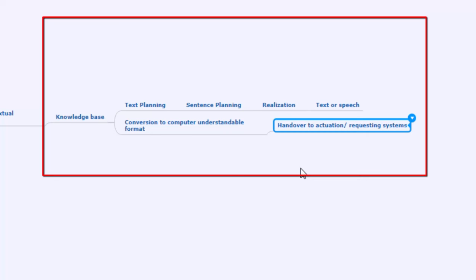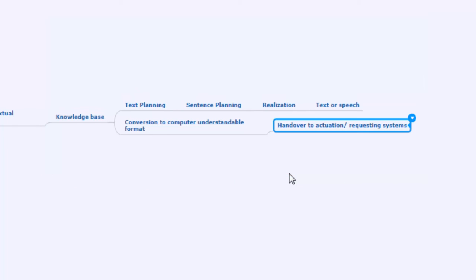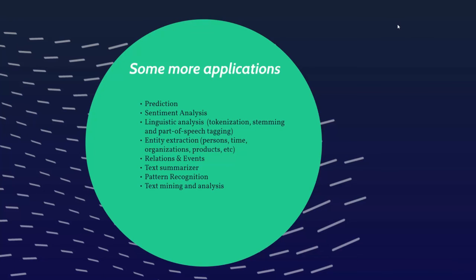It can also be sent in another format to a computer and ultimately be handed over to an actuation or a requesting system. Now, with this information, let's try to look at a couple of more examples. Some more applications are prediction, sentiment analysis, linguistic analysis, relations and events, entity extraction, pattern recognition, text summarizing, mining analysis, and this is just a limited set.